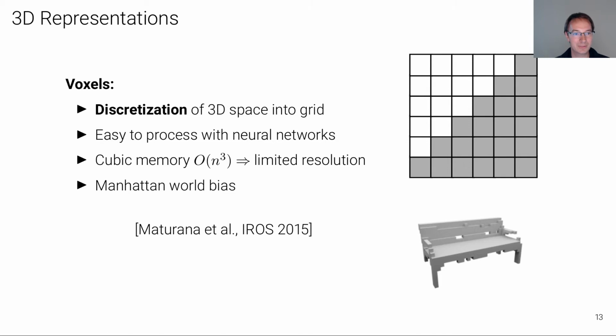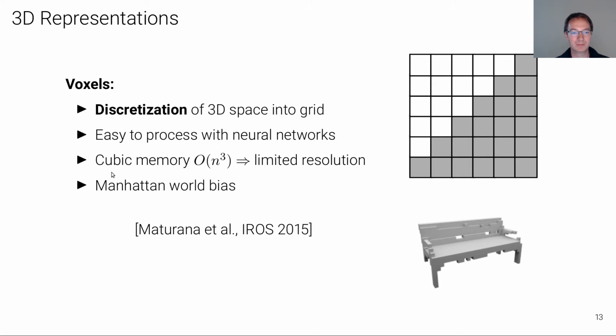One of the natural choices for output representations are voxel representations. Voxel representations discretize the 3D space into regular grid cells, as illustrated here in the 2D and 3D examples on the right. Voxel representations were one of the first representations that have been proposed for the reconstruction task, as they are easy to process with neural networks, basically just requiring to generalize 2D convolutions to 3D convolutions.